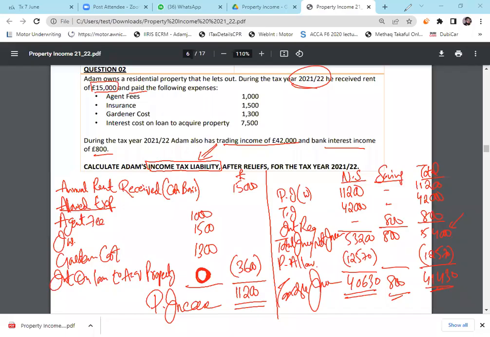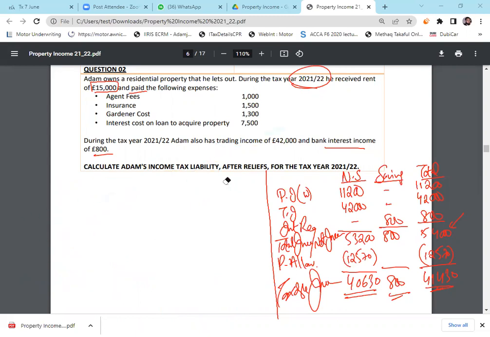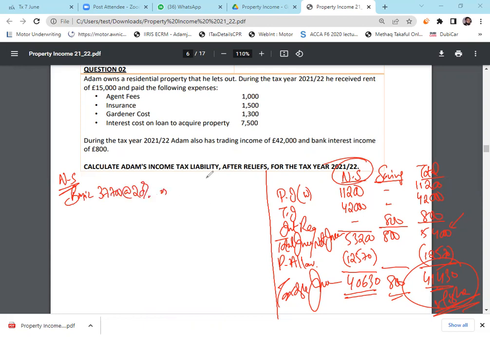After getting taxable income, we need to calculate tax through the banding system. We know the bands. Tell me, is he a basic band taxpayer or higher band taxpayer? Higher. Okay, we identified. Now, non-savings. First of all, the basic band is how much? The limit is 37,700, and the percentage is 20%. We will get an answer of 7,540.